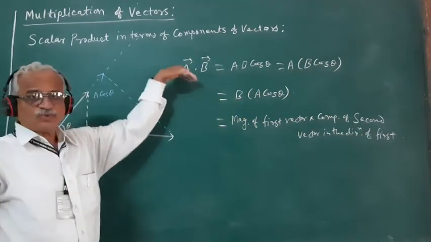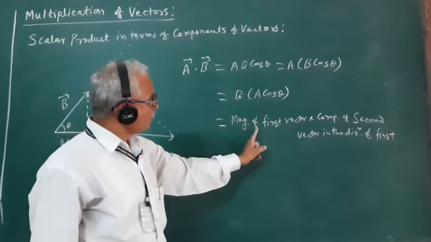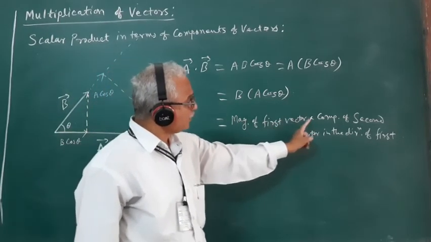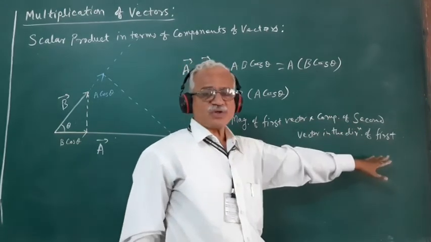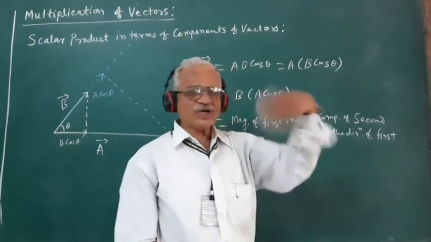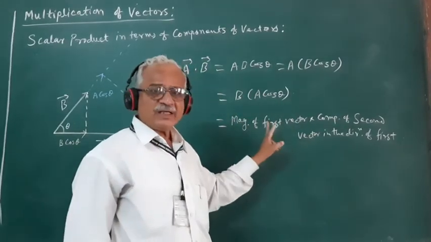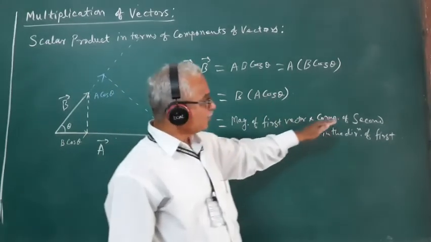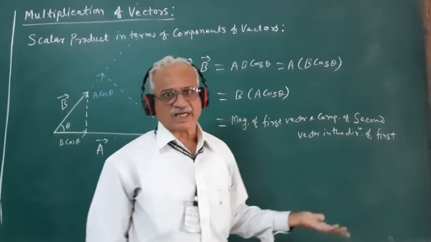So the dot product of two vectors is equal to the magnitude of the first vector into the component of the second vector in the direction of the first vector, or vice versa. That is, the magnitude of the second vector into the component of the first vector in the direction of the second vector.